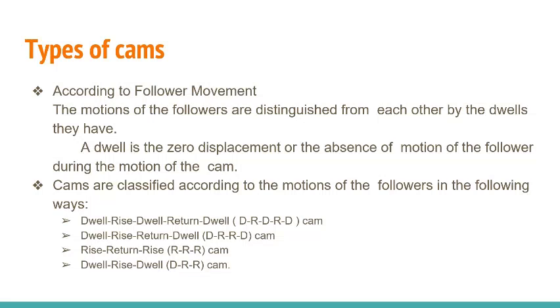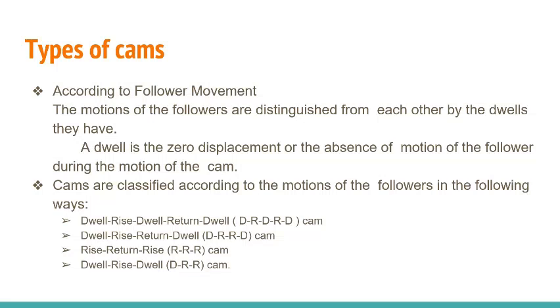The classification of cam with respect to the follower's motion is: DRDRD cam, that is dwell, rise, dwell, return, dwell cam; DRRD cam, dwell, rise, return, dwell; and DRD and DR cams.